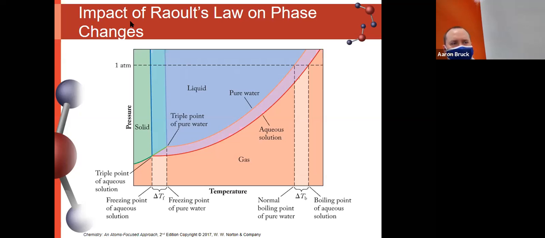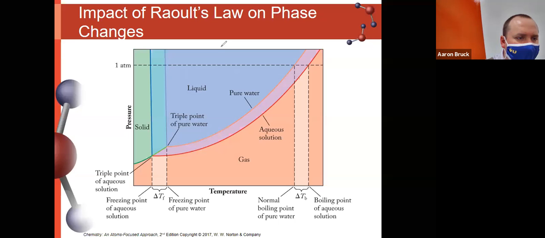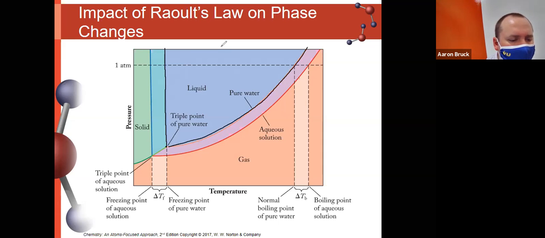Let's look at another impact of Raoult's law. You remember from chapter 6, this idea of phase diagrams. Well, let's look in particular at a phase diagram. I'm going to outline in black the phase diagram that existed for this substance as a pure substance, and I'll put here in yellow where it is after we've introduced some kind of non-volatile solute.